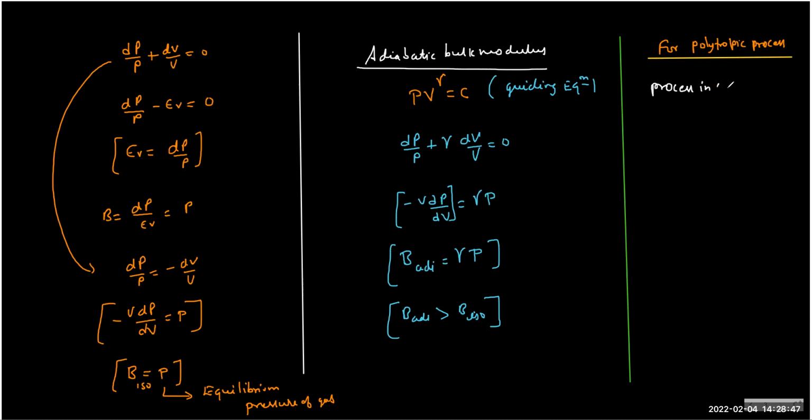Process in which molar heat capacity remains constant is called a polytropic process.